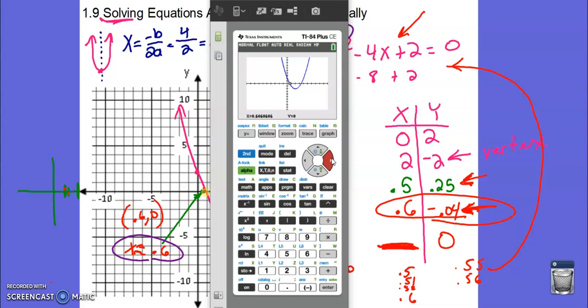If I ask you to do it to the nearest tenths place, that might work. But the nearest hundredths, especially nearest thousandths place, that would not work. You literally need to do the second trace zero button and then do left bound, right bound, guess, for finding your two zeros. That's how you find your zeros on 1.9, solving equations using the algebraic method and the graphing method.